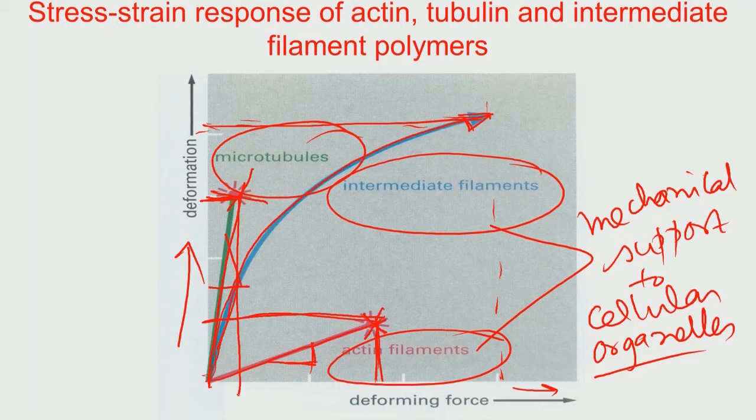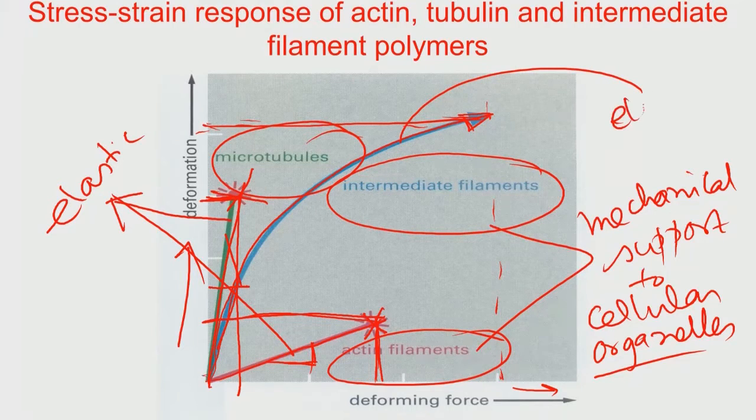So, this slide essentially captures the characteristic difference in the mechanical response among actin filaments, intermediate filaments and microtubules. To summarize this behavior, actin filaments and microtubules show a perfectly elastic kind of response. Now, intermediate filaments show elastic and viscoelastic type of response.